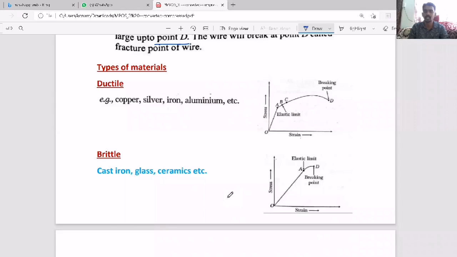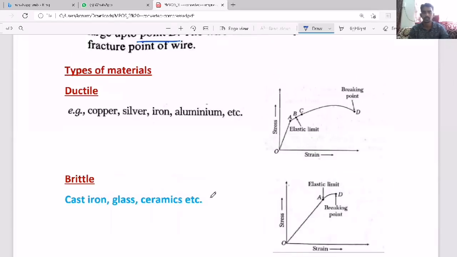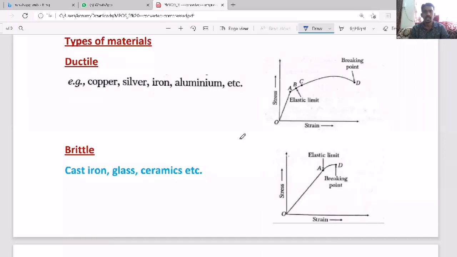Based on the stress strain curve, we divide the materials into two types. One is ductile, another one is brittle. Examples also I have given for those materials. But here we need to understand the meaning of ductile and the meaning of brittle.